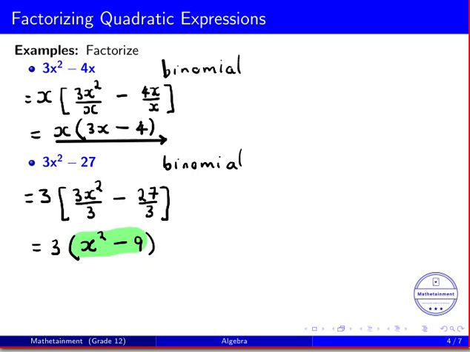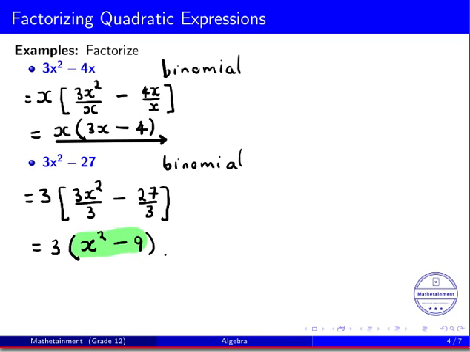It sounds like something that we have heard about before. 9 is a perfect square because the square root of 9 is 3. x squared is also a perfect square because the square root of x squared is x. And the sign between those terms is a minus.